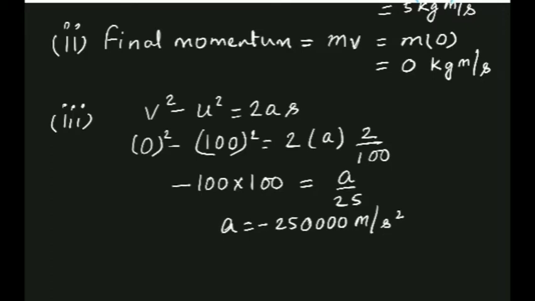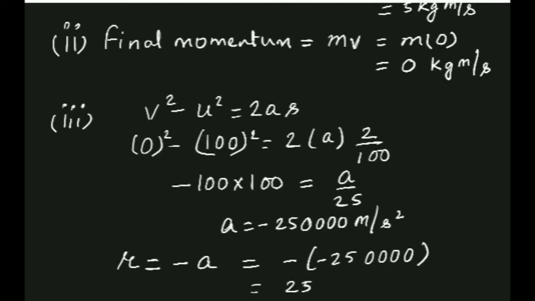Okay, this is acceleration, but they are asking retardation. Retardation is negative acceleration, or you can write minus 250000, and it will be 250000 meter per second square.